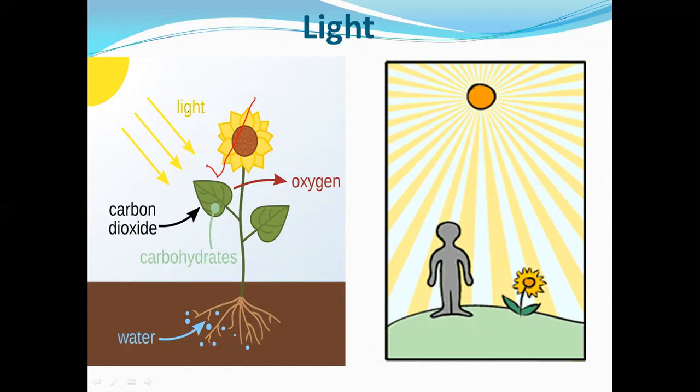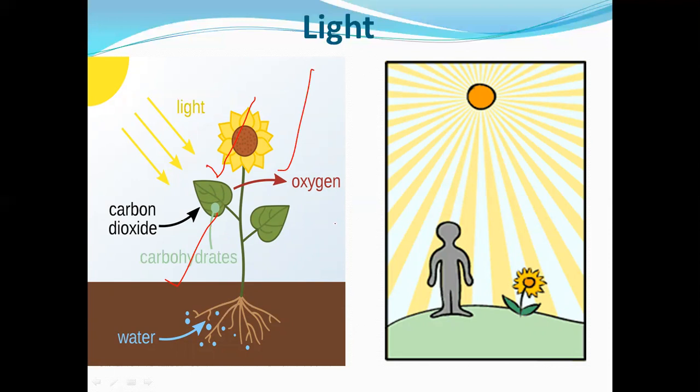They use carbon dioxide with the help of light, and water, three things they mostly need for that, as well as chlorophyll which is present in the green parts of the plants. So they give us oxygen and carbohydrates. Carbohydrates means glucose.